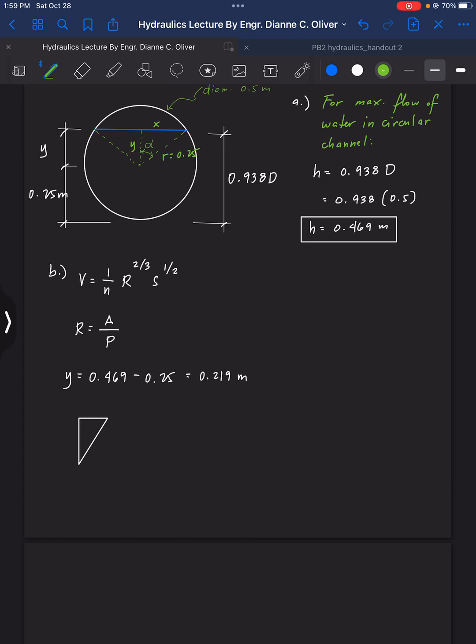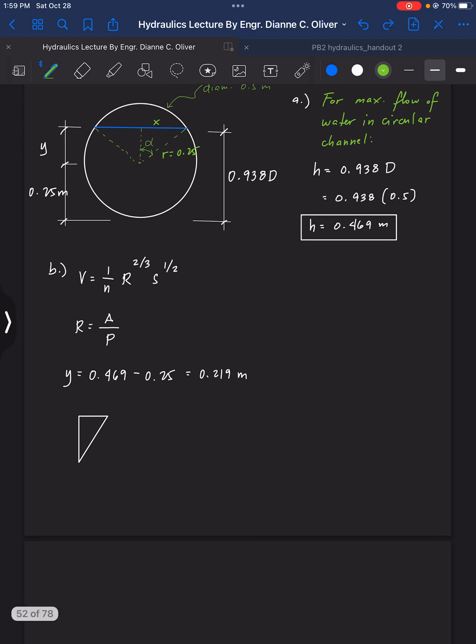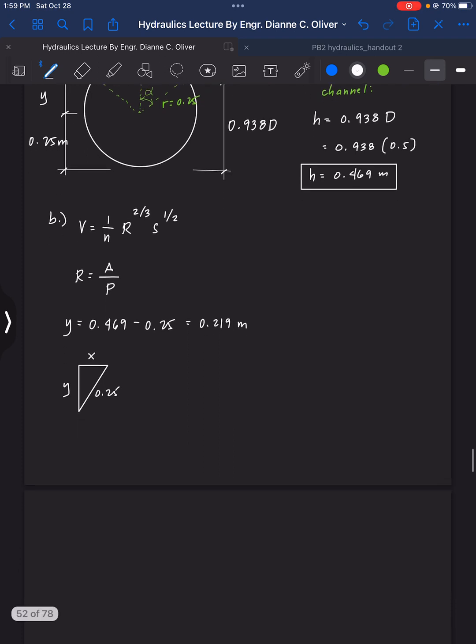So 0.25 squared equals x squared plus the y value of 0.219 squared.